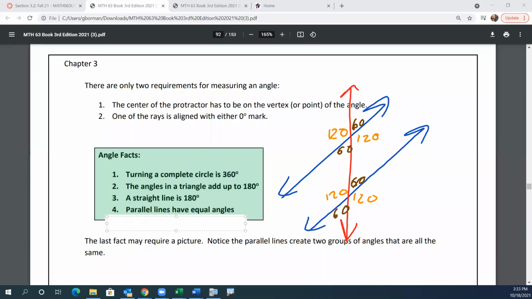And the last one, number 5, I kind of just used it. Vertical angles are equal. Okay, so what are vertical angles? I actually kind of used that already. So vertical angles are angles that are straight across from each other at an intersection point.